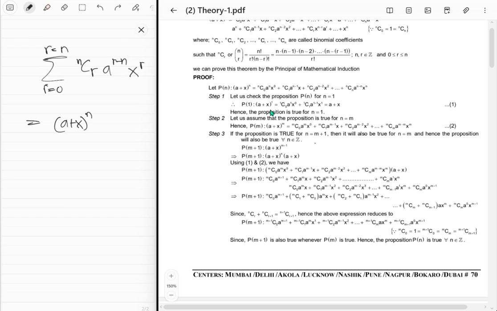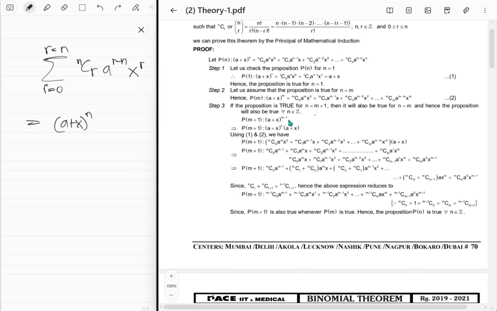So they are just taking (a plus x) power n, writing it out by the assumption that it works till n at least, and then multiplying by (a plus x) again on both sides, expanding the thing, distributing a and x, and then writing out the series once again. And it works out, of course. So let's see what they did.